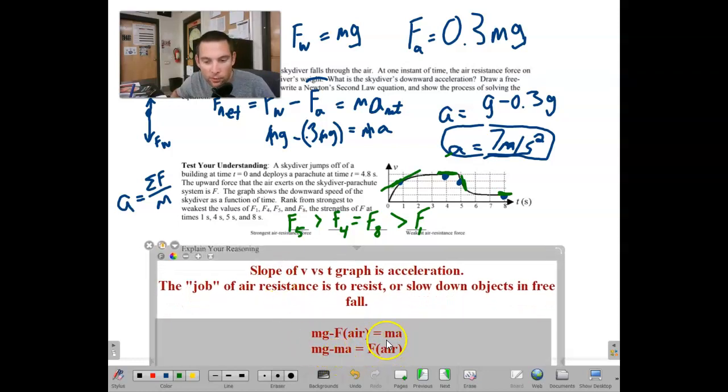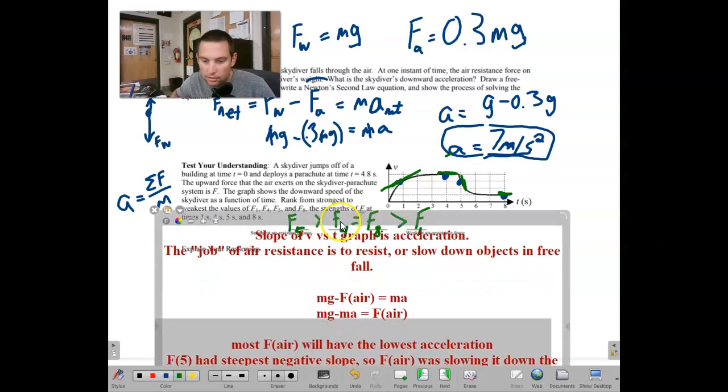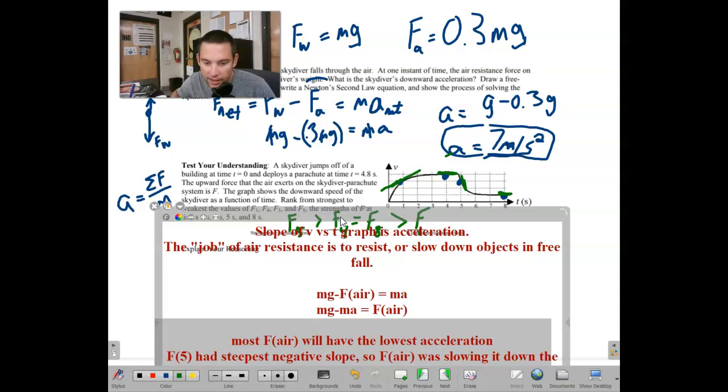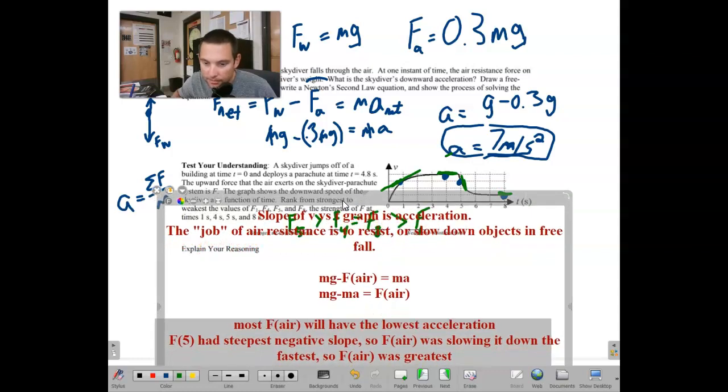And then we solve for air resistance and we get mg minus ma. What this tells us is the lower the acceleration, the greater the air resistance. F5 has the steepest negative slope, so the air resistance was slowing it down the fastest. So air resistance was the greatest.